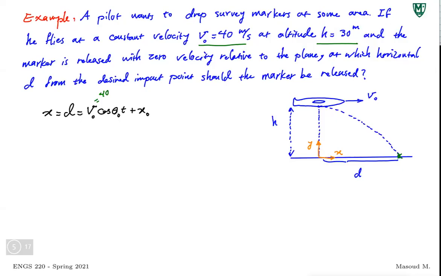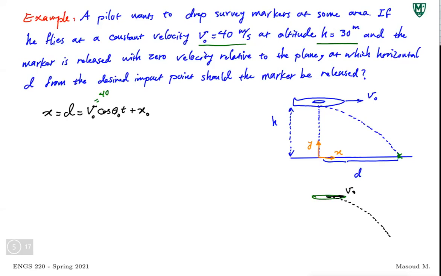To see that, if you think about this plane moving this way, at the moment we drop that, so think about the marker. Like marker has this velocity at the beginning of the motion, and then it starts basically going down on a curvilinear path. So at the beginning of the motion, theta is 0, right?